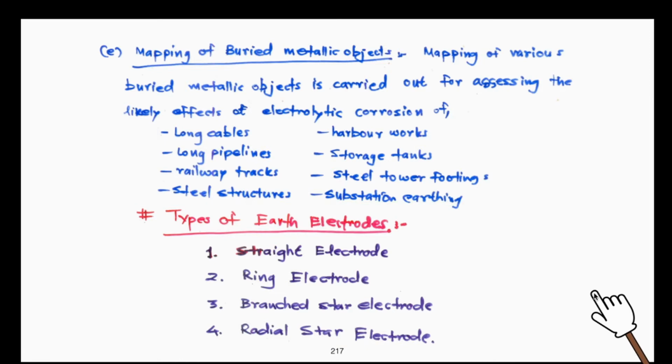Let us now move ahead and study the constructional details of these electrodes. While studying the constructional details, we should understand here that the electrode types differ mainly by the geometry of the construction. It is a straight, ring, branch star, radial star.